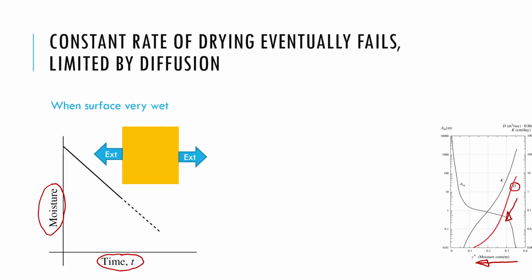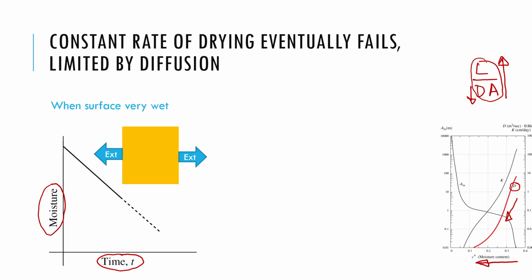As diffusivity drops, if we go back to our internal resistance, then this internal resistance increases. This whole thing increases as diffusivity drops.